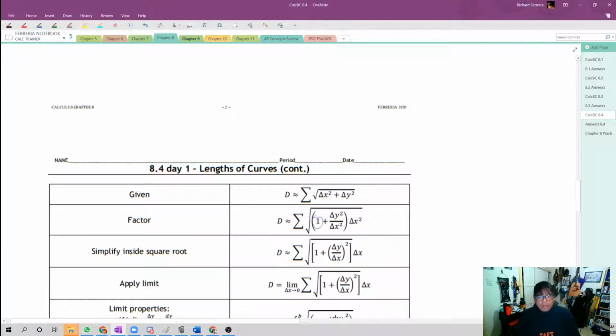And then delta y squared divided by delta x squared, well, that's just delta y squared over delta x squared. And there's that delta x squared that we had just factored out. Delta x squared gets to leave the square root and becomes just delta x.